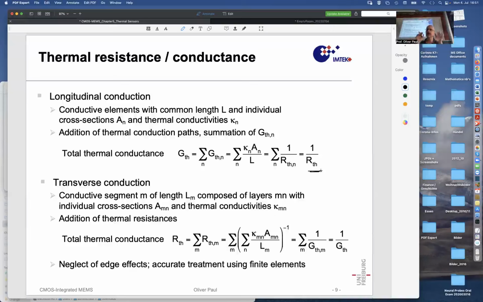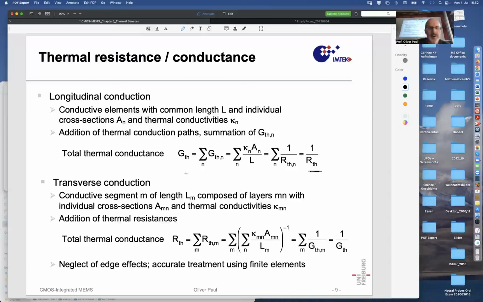And if I need, for some reason, to calculate the thermal resistance of this compound structure, I have parallel conductors, so I can add up the currents flowing through these parallel conductors, like in the electrical analogy. You have parallel resistors. You add up the currents that flow, and the overall resistance of these parallel resistances is not given by the sum of the resistances, it's given by the sum of the inverse resistances.